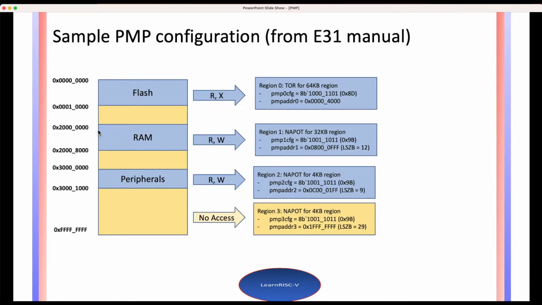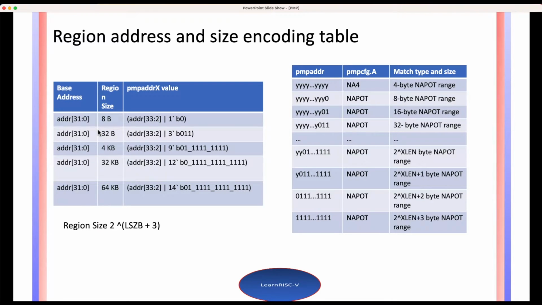If you want to configure that, then what you do is you take the base address and right shift by 2, that means this is the 33 to 2, and OR with 3, that means the last 2 bits should be 1.